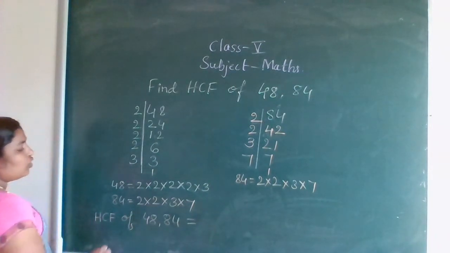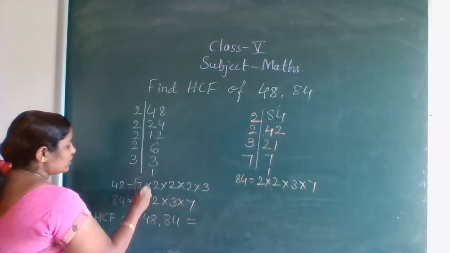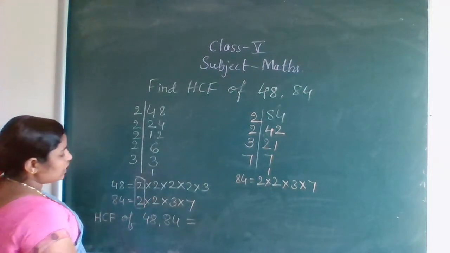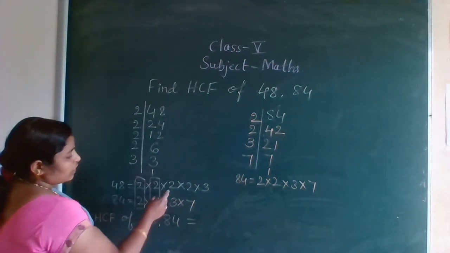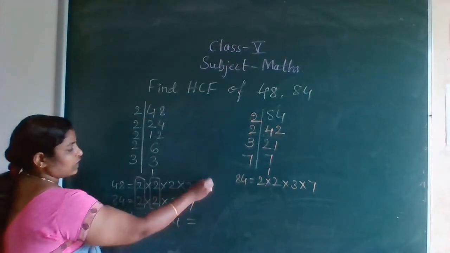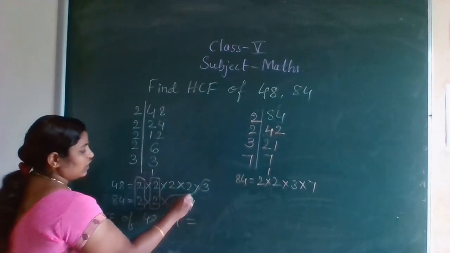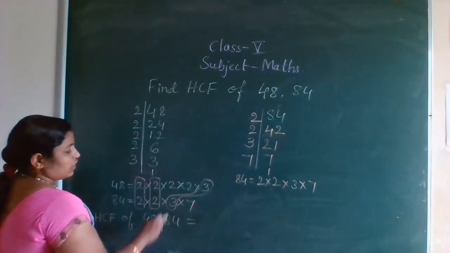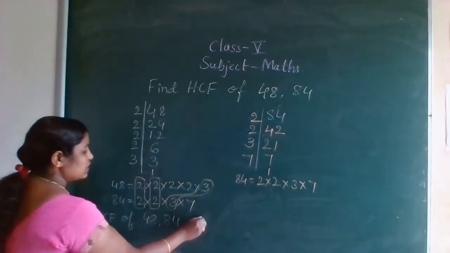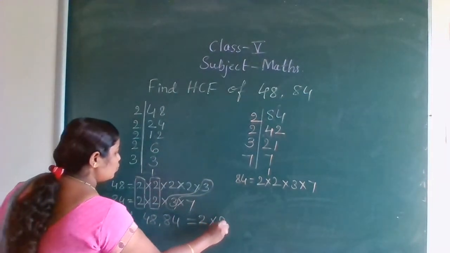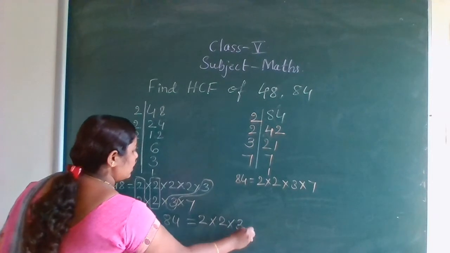Take the common factors in a circle: 2, 2, and 3. The 2 and 7 have no match, so we should consider only 2 into 2 into 3.